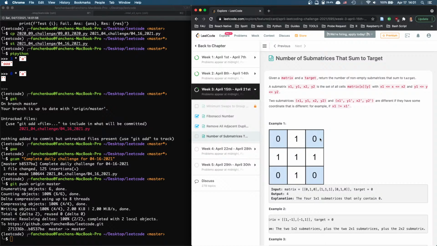Okay, after this is all done, now what? Well, after this is all done, we need to recompute the cumulative sum on the rows, and then we return.